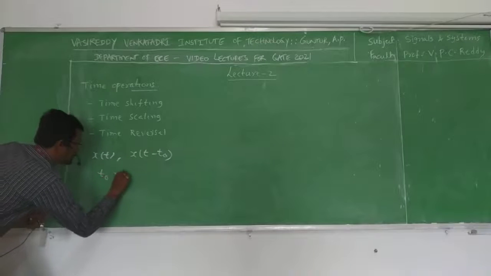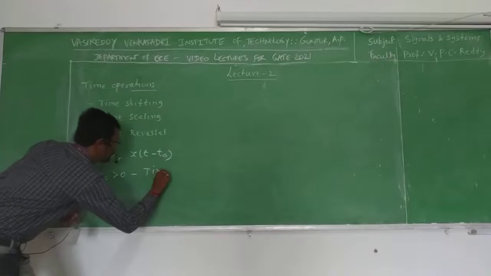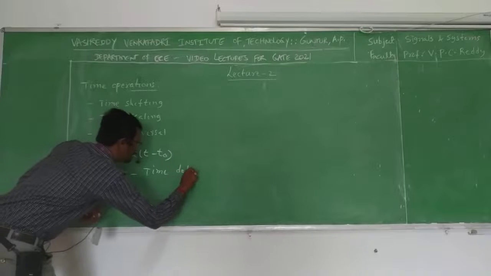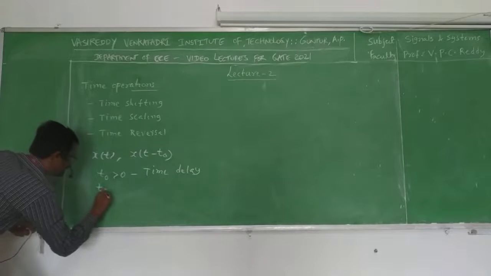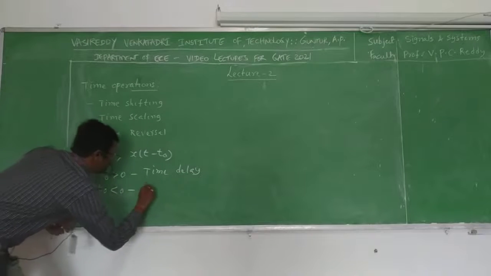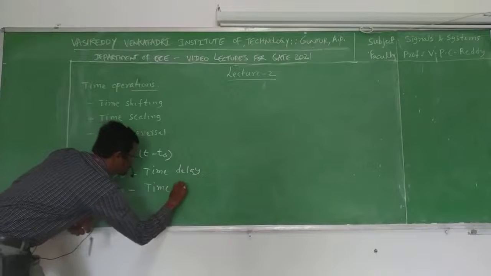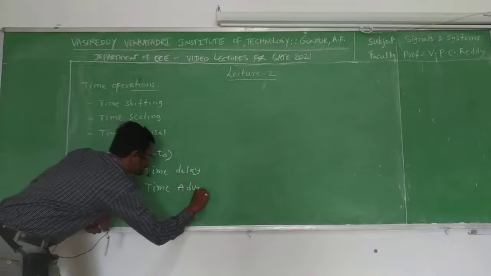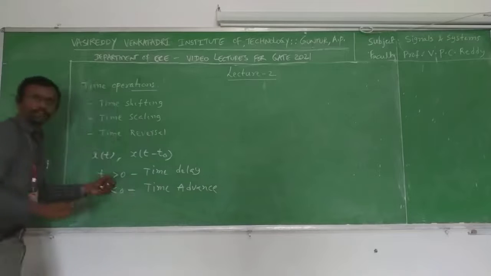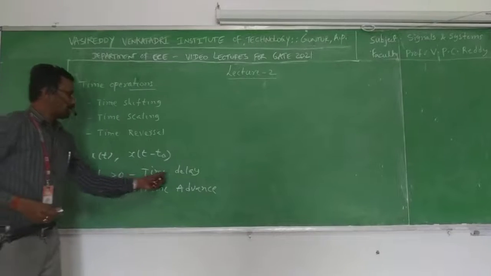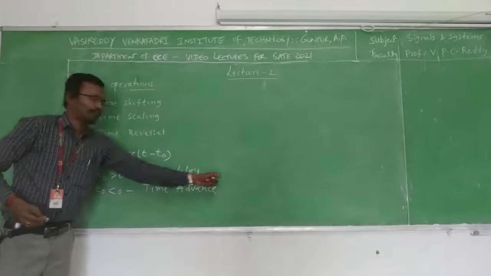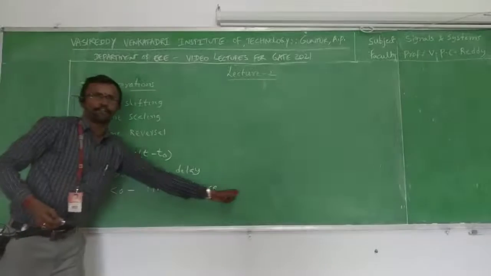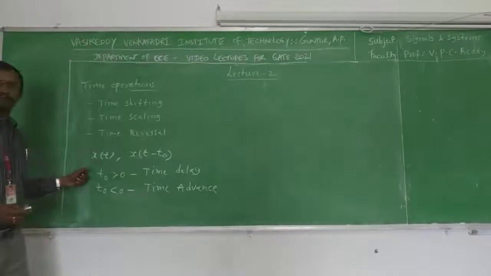When t naught is greater than 0, this is said to be time delay. If t naught is less than 0, this is time advance. This is for continuous time signals. Already we know time delay is also known as right shift, time advance is also known as left shift.